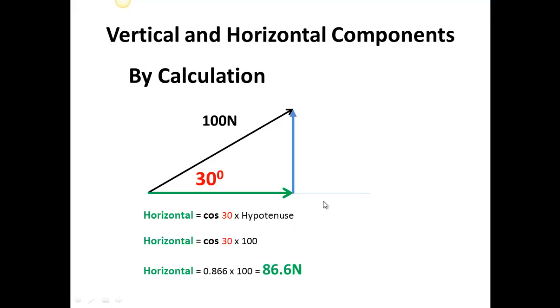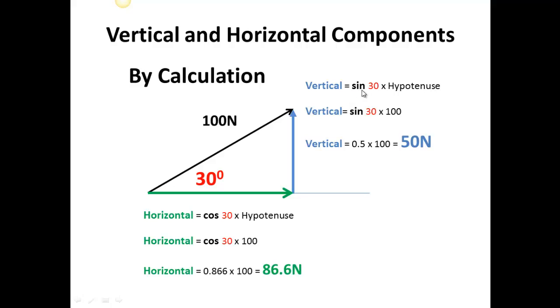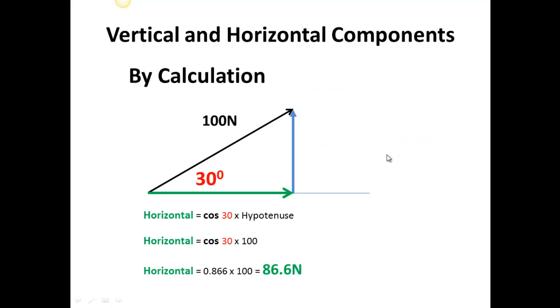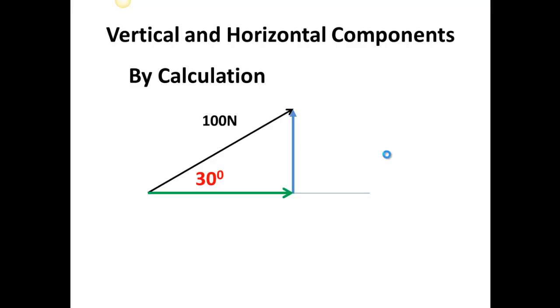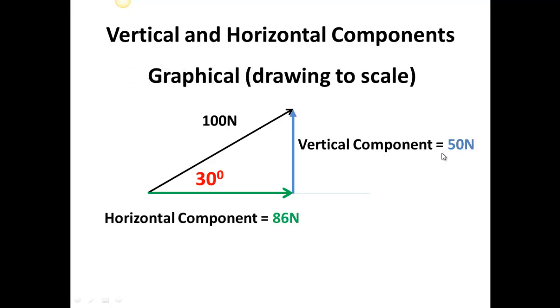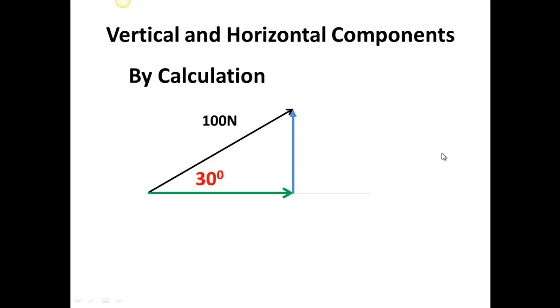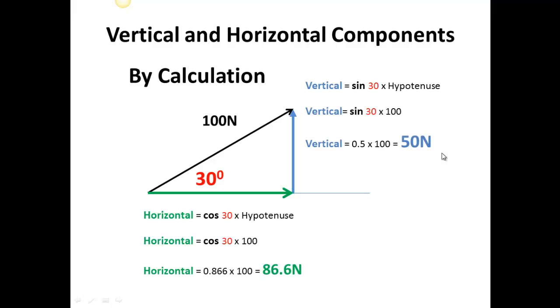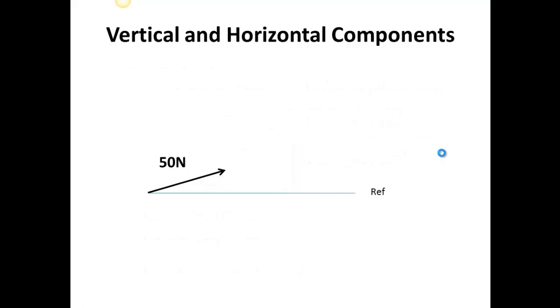Fairly accurate. The vertical we can find by the sine of the angle. Sine of 30 degrees times 100, and the sine of 30 is half, times 100 gives us 50 newtons, which I think was exactly the same as the measurement. So there's our answer there, 86.6 and 50.